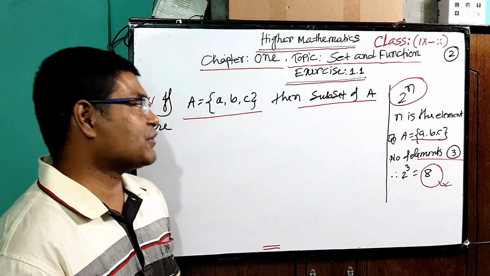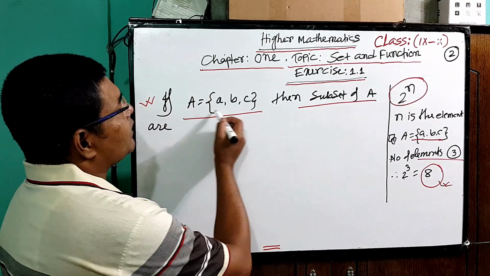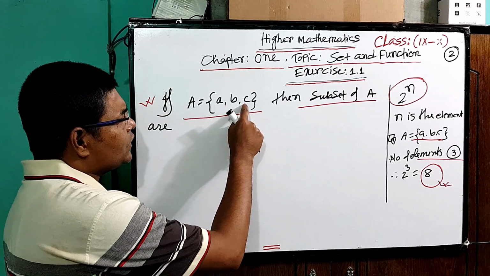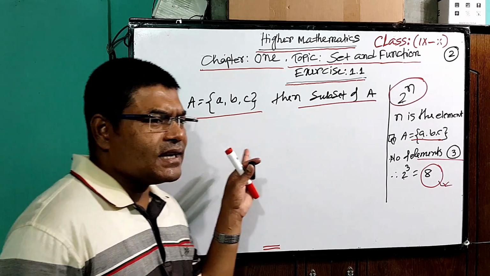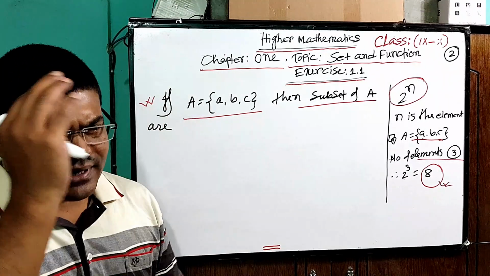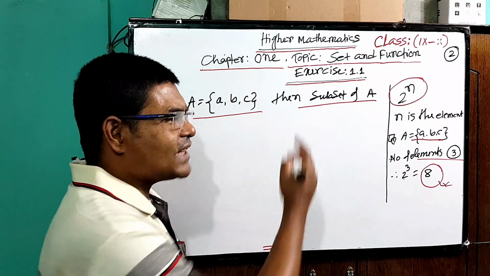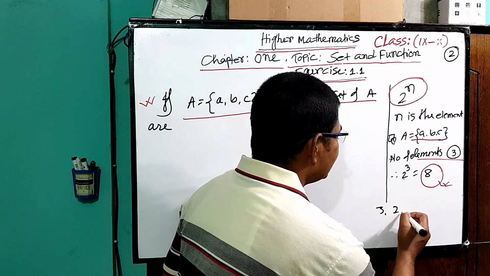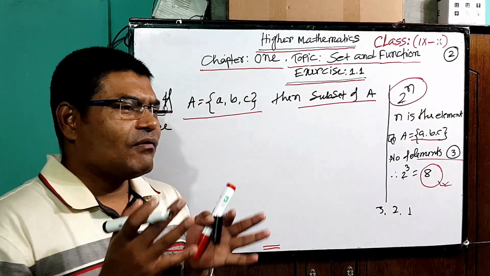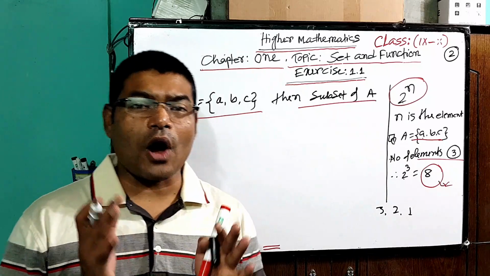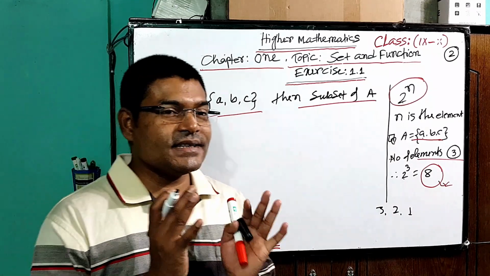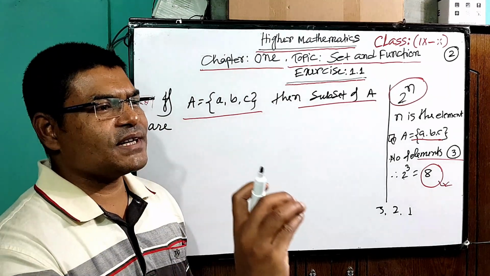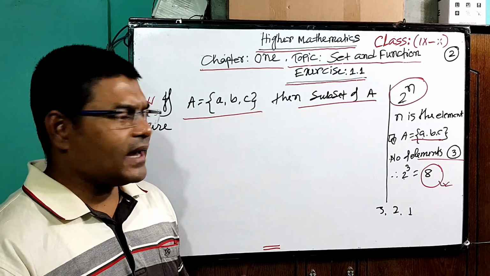So let's come to the board. A equal to this, subsets of A are. Here is how many? 1, 2, 3. So with 3 elements, keep this technique in your mind. Every set is a subset of itself, and the empty set is a subset of every set.